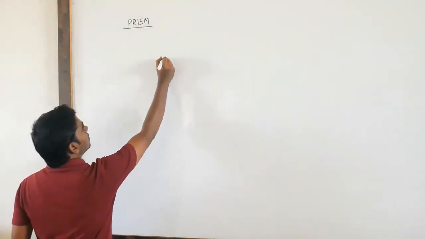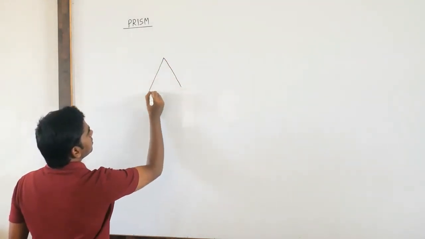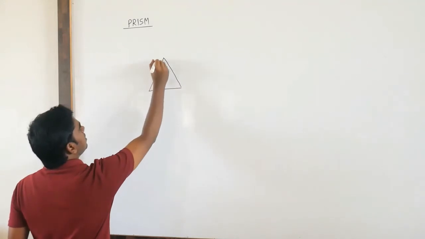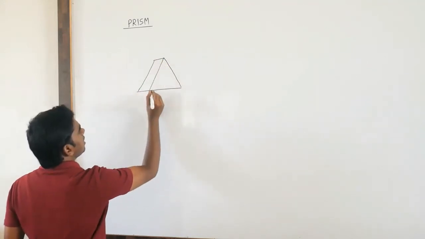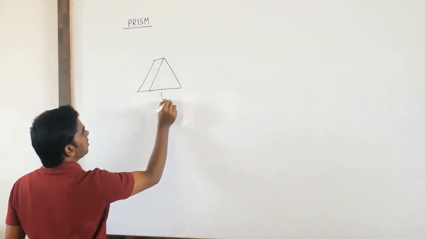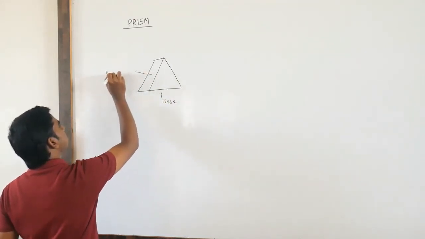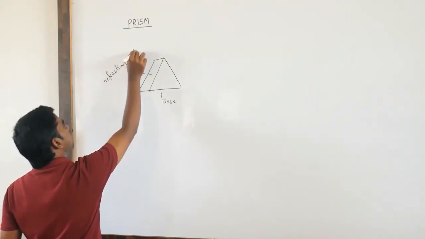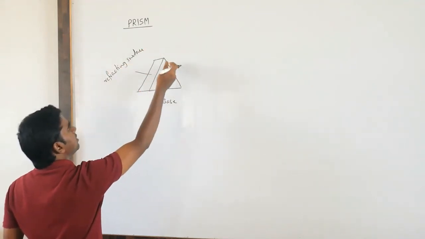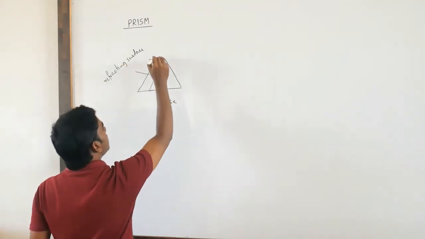The basic structure of a prism is that it has a base, and this is what we call the refracting surface. Another side is also a refracting surface.